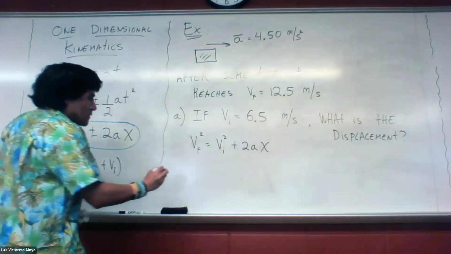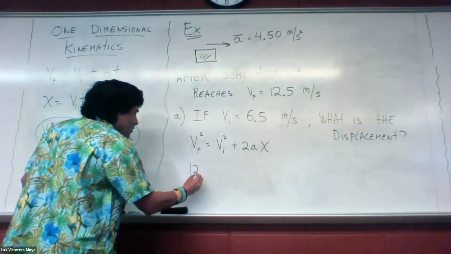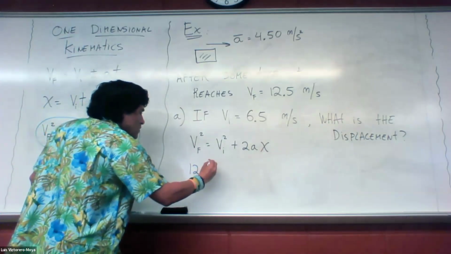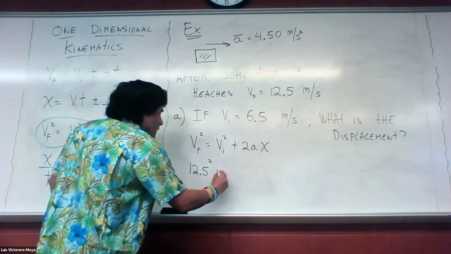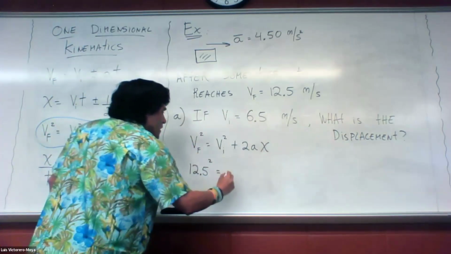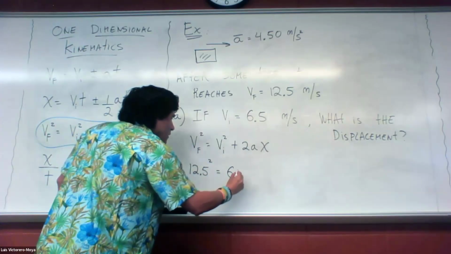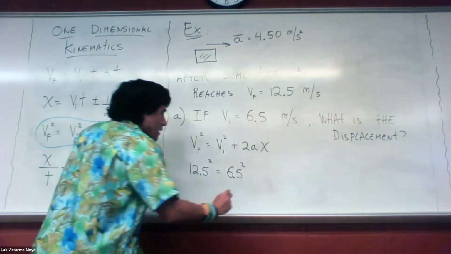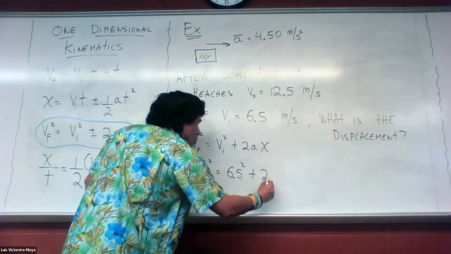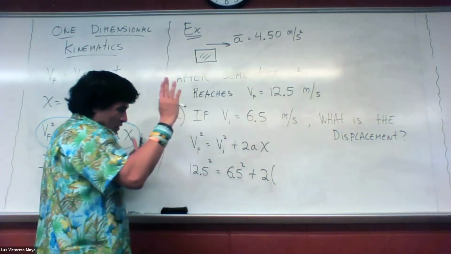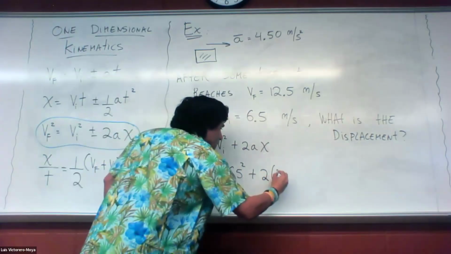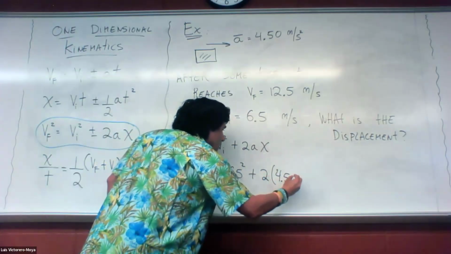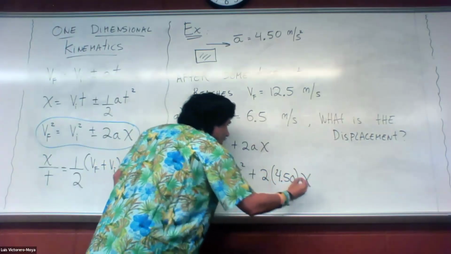V final is 12.5 squared. V initial is 6.5 squared plus 2 times 4.50 times x.